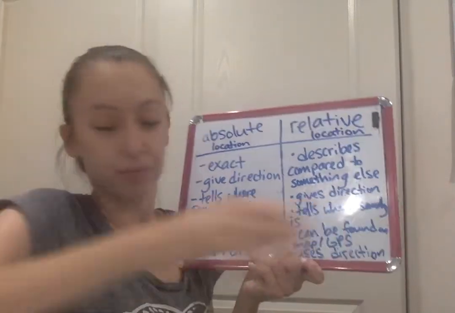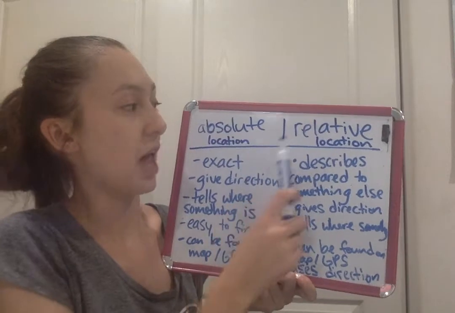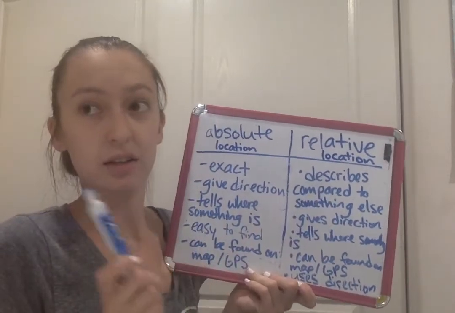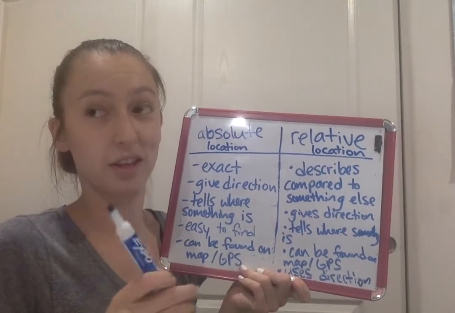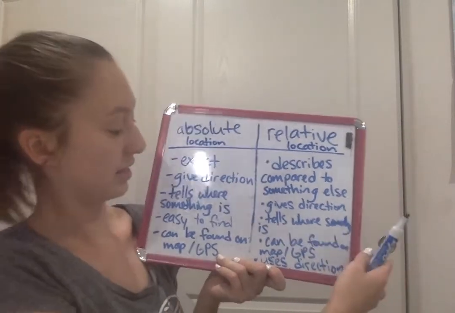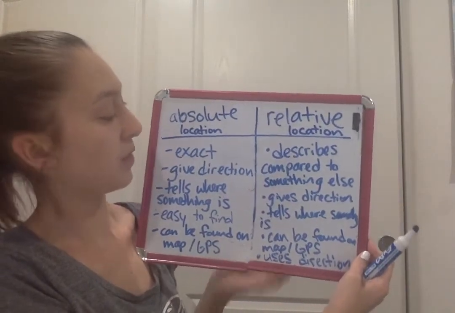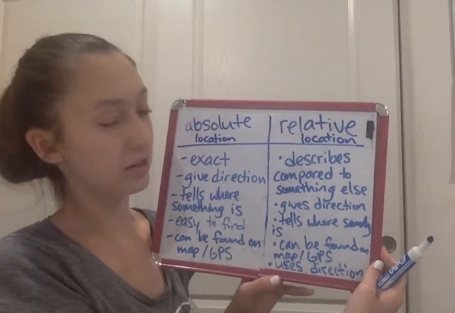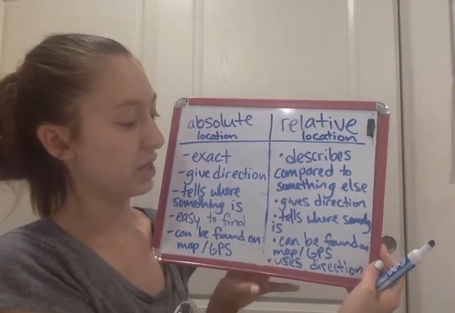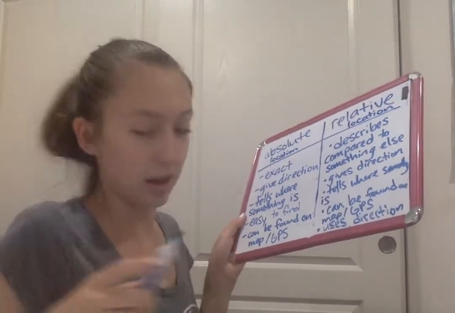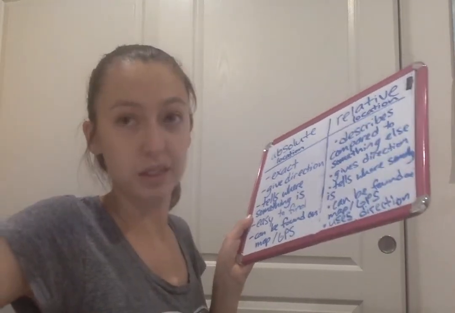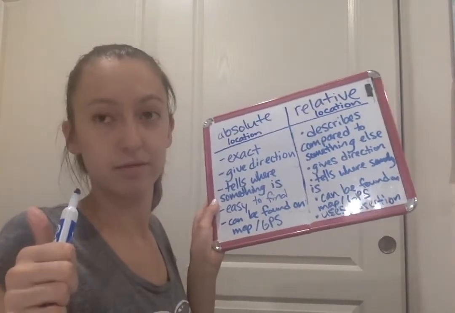Okay, so absolute location and relative location, you see some things that are different and some things that are the same. Right, I see that as well. I do see some things that they have in common and some things that are different. Good job. So that gave me an idea when you said that. So I'm going to erase this. Is everyone done writing this down? All right, so I'm going to erase this.